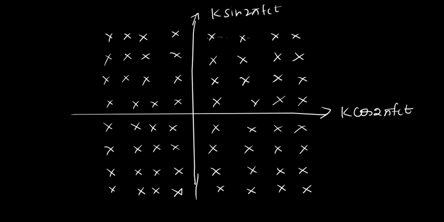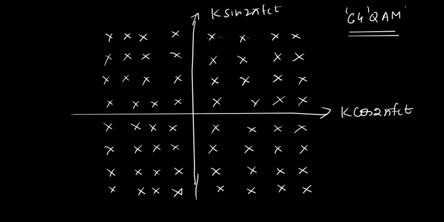Please count 1, 2, 3, 4. How many points are there? It is 64 QAM. 256 you have to do further. So, let us discuss 64 QAM. In 64 QAM what would happen?